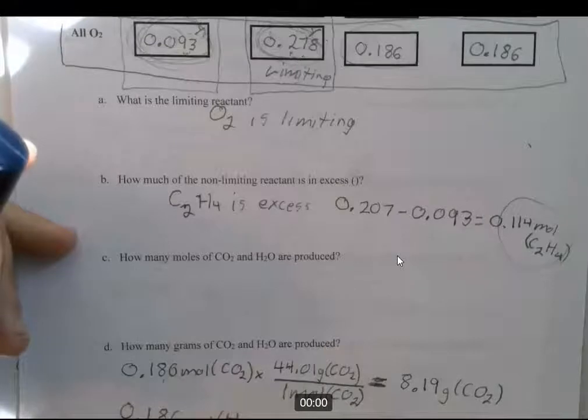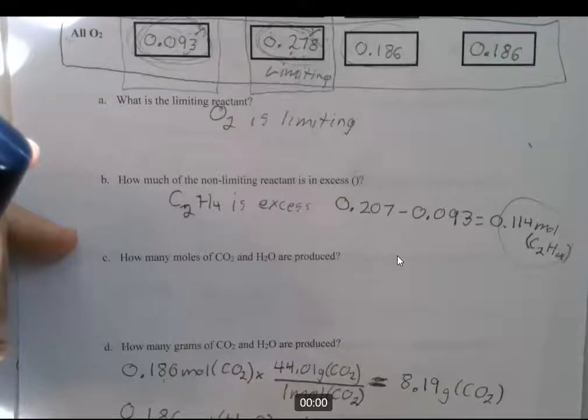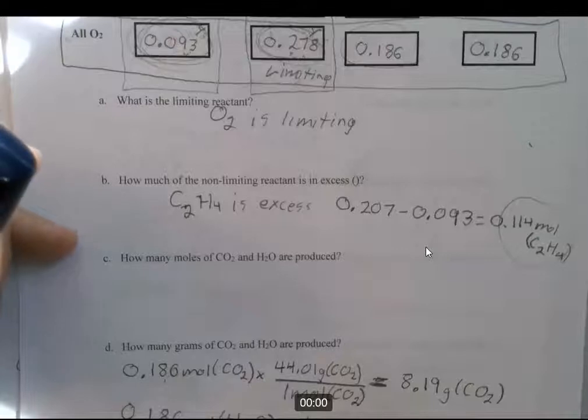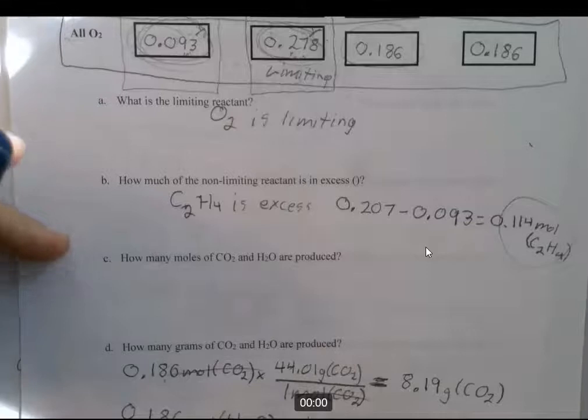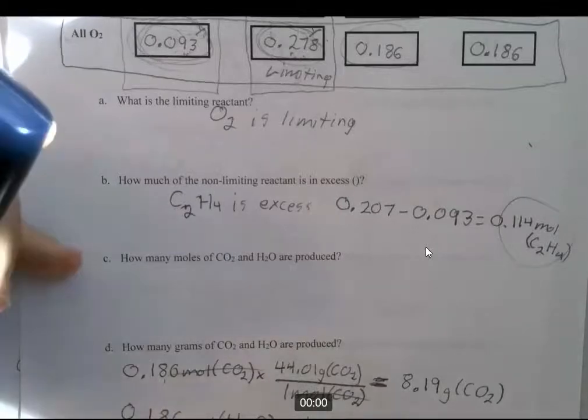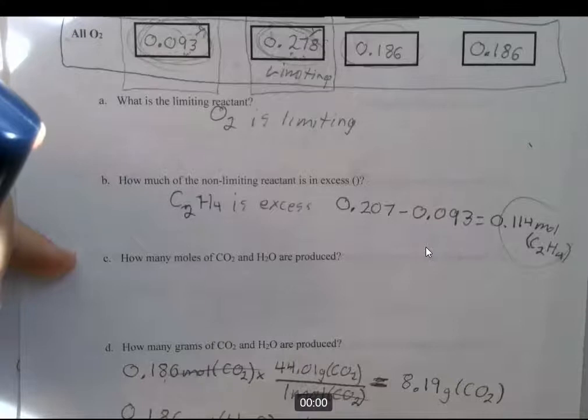I said oxygen and then water. 18.02 grams per mole. Okay, and I cancel moles H2O, moles H2O. I should have done that up here with the carbon dioxide. Too late. Okay, 0.186 times 18.02, and that gives us 3.35 grams.